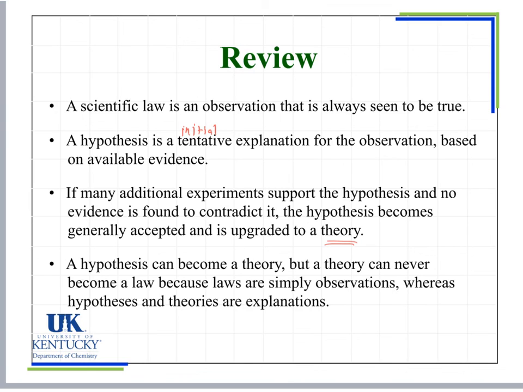So now it's a theory. A hypothesis can become a theory if the experiments support it, but a theory can never become a law because laws are simply observations, whereas hypotheses and theories are explanations. For laws, we do not have any explanation. This is something which is always true. So that was the end of our first video.